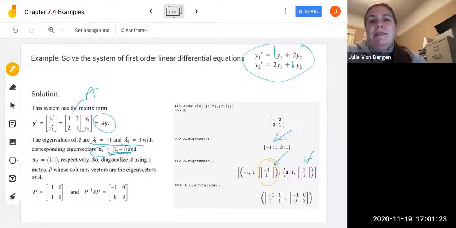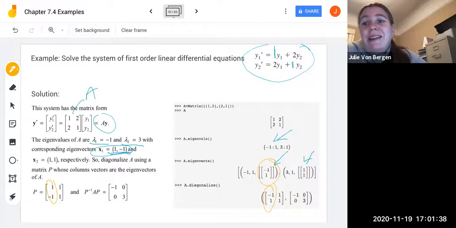So that's why you see this difference here in our matrices for P, between the way I did it on the left and when I calculated in SymPy.